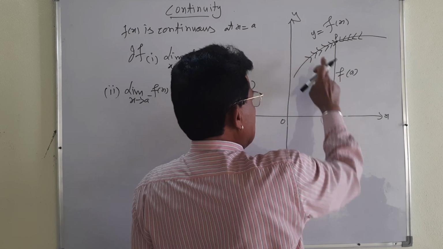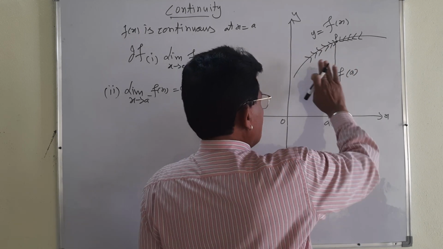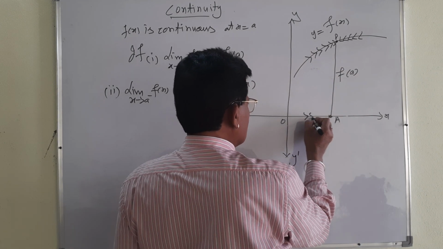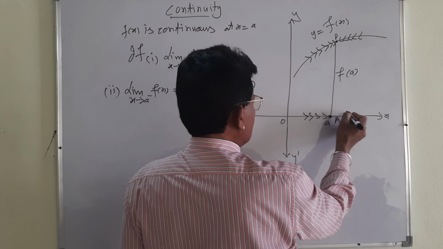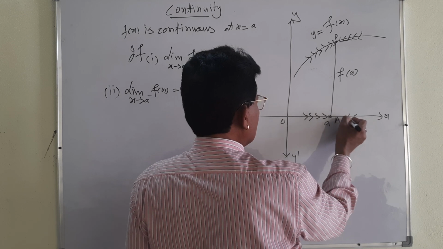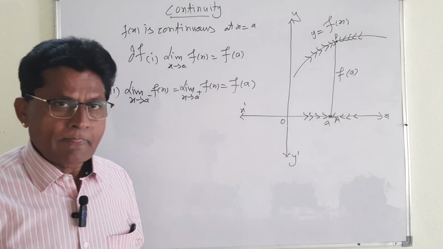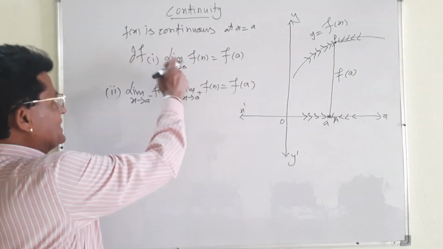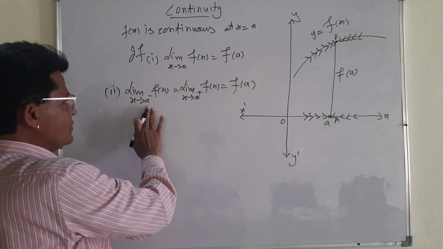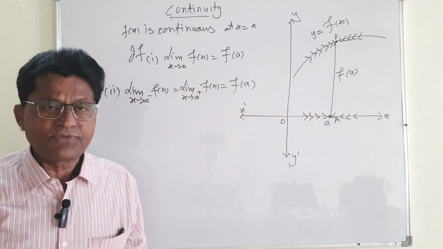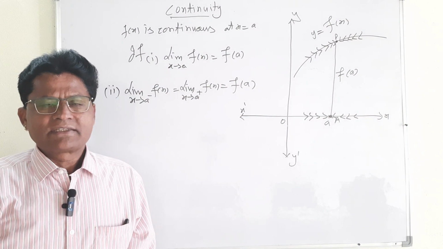We are approaching towards the point A from the left side as well as from the right side. That is why I break this limit into two parts, left hand limit as well as right hand limit. The right hand side will be the same. Then the function will be continuous.